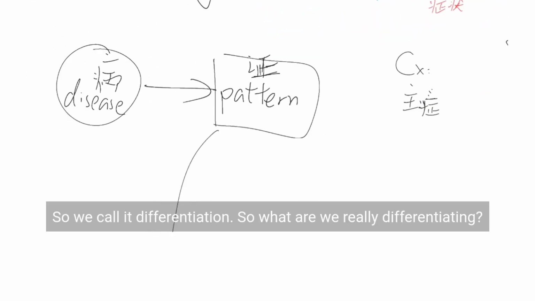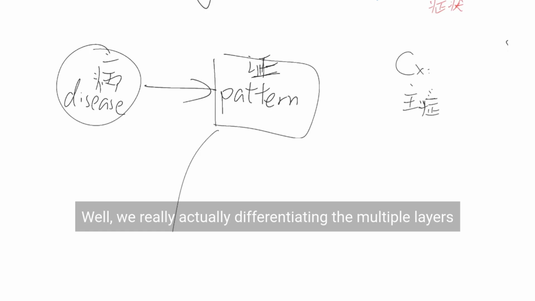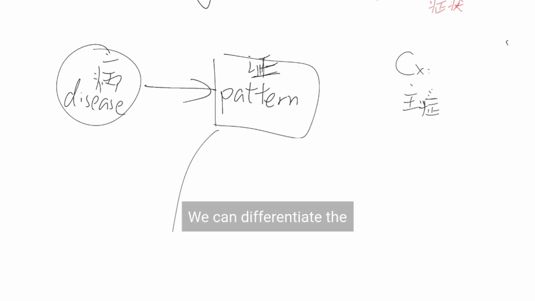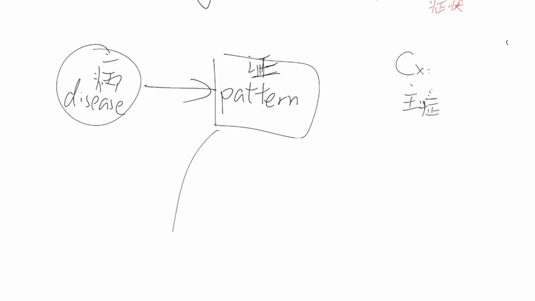So what are we really differentiating? We're differentiating on multiple layers. We can differentiate the evil qi, the zhen qi, and the pattern itself.